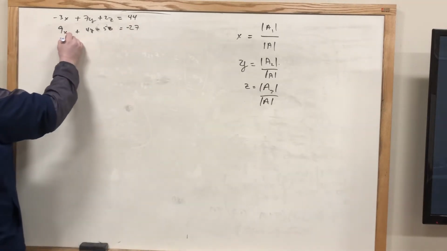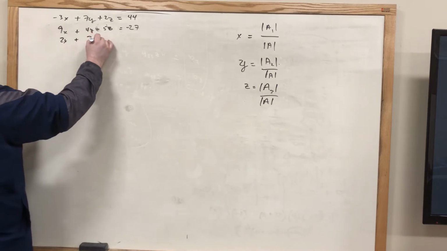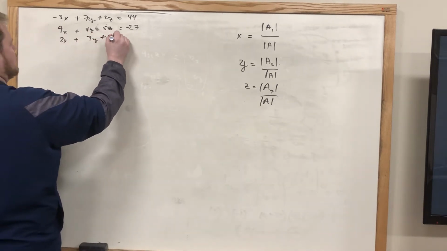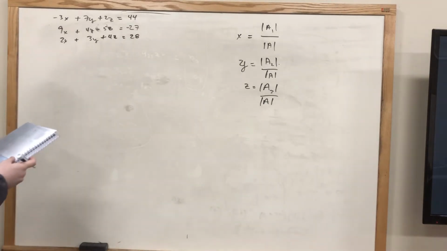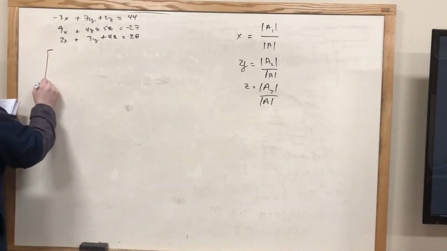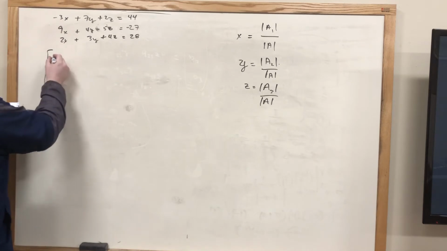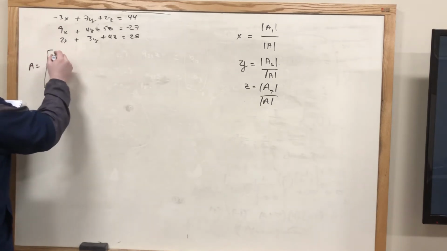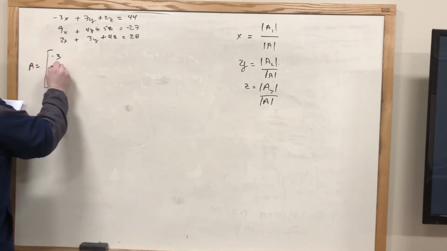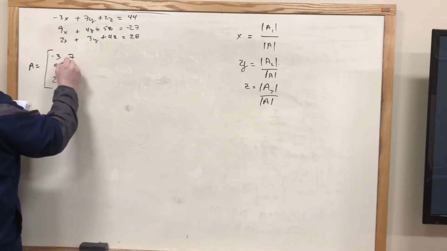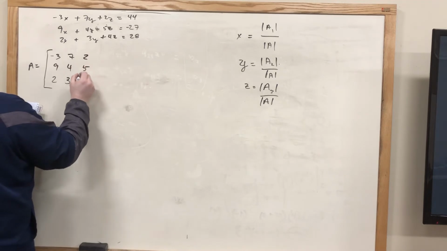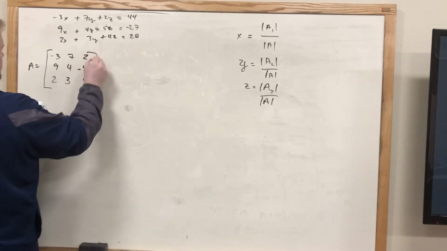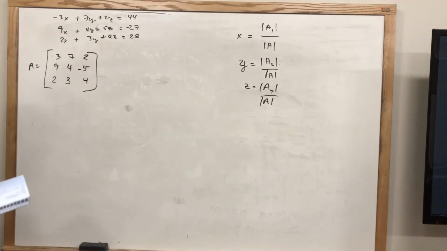And then finally 2x plus 3y plus 4z equals 28. Okay, so there's our problem. Let's do our initial A: negative 3, 9, 2, 7, 4, 3, 2, 5, negative 5, and 4. So that's our initial A.